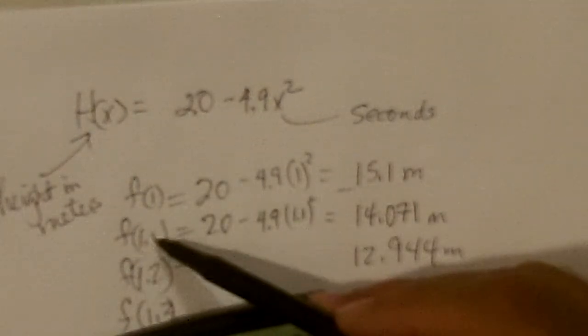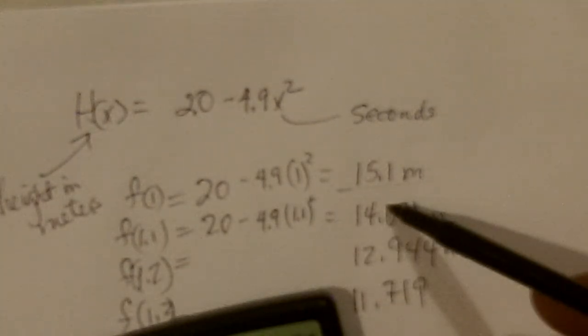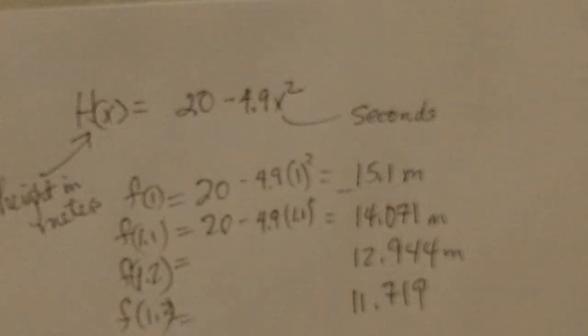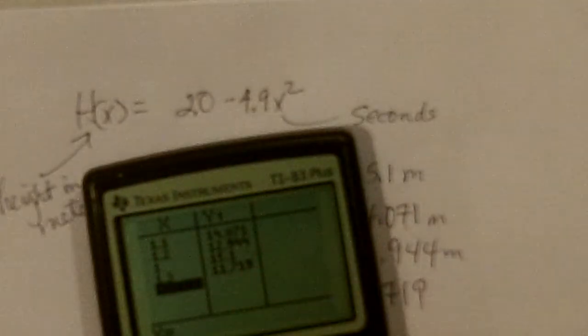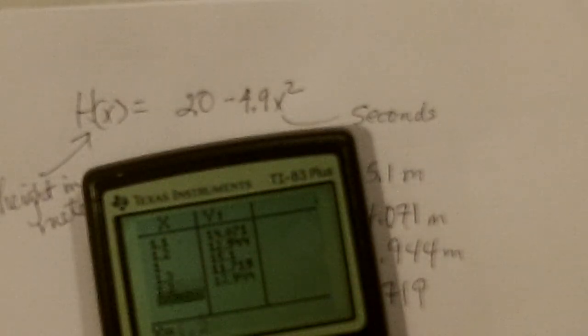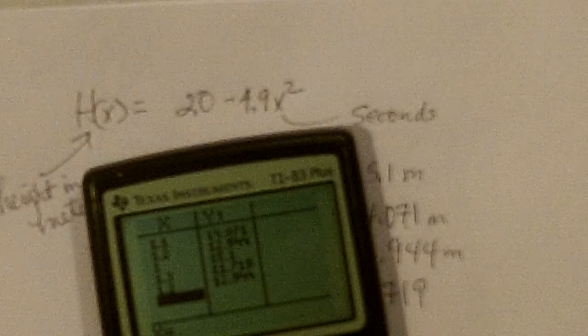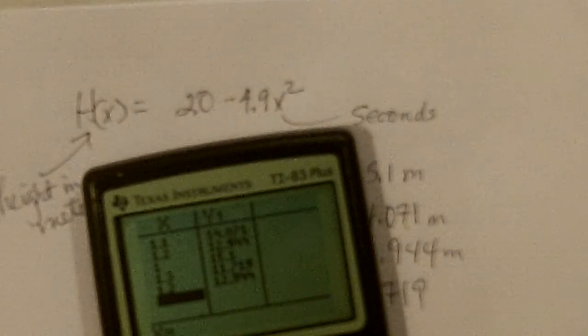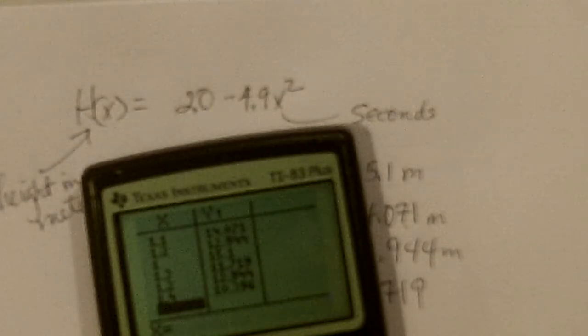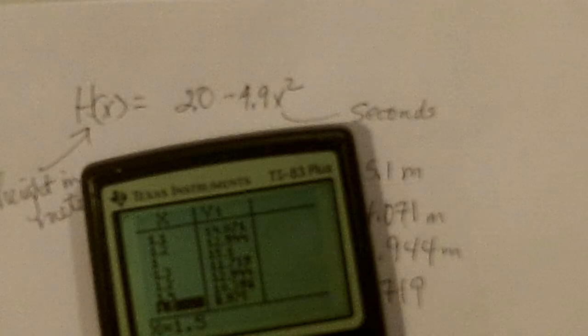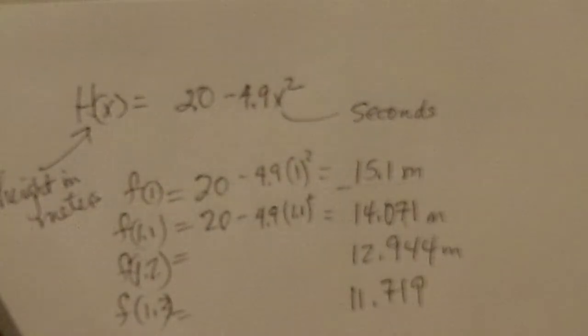Somewhere between 1 and 1.1. When is it at 10 meters? After 1.3. Let's try 1.2. No. After 1.3. 1.4. It's a little bit high, 1.5. Somewhere between 1.4 and 1.5 seconds. That's the answer to B.